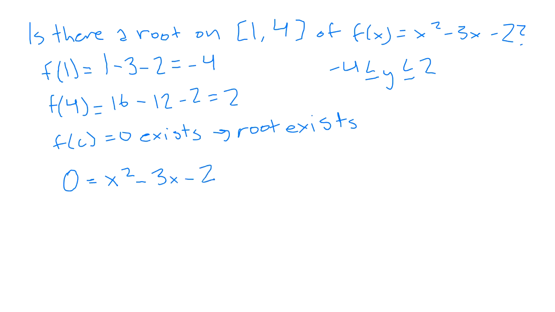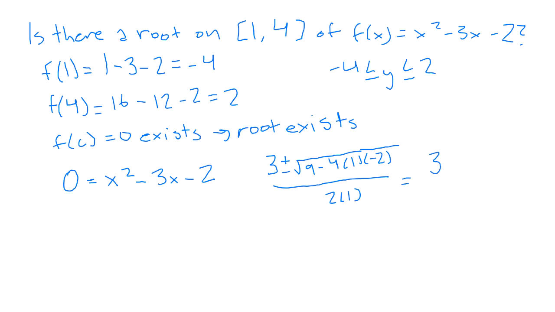Well, this is nice since we already have 0 on one side of the equation, so we can just use our quadratic formula, which gives us 3 plus or minus the square root of b squared, which is 9, minus 4ac, all over 2a, which is going to give us 3 plus or minus the square root of 17 over 2.